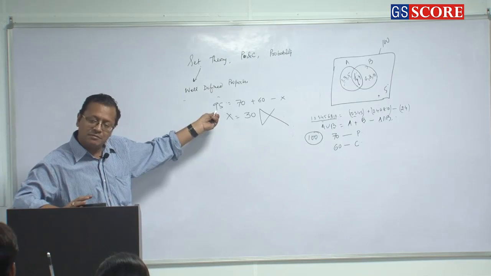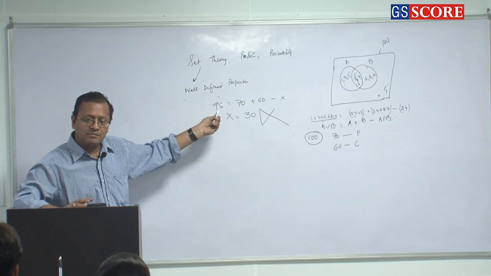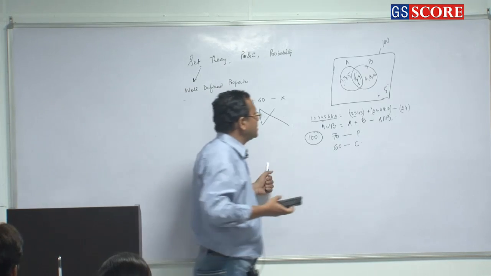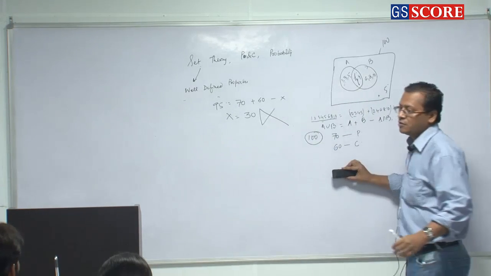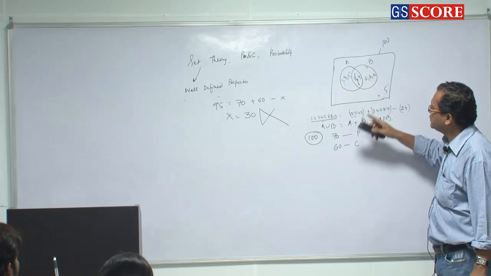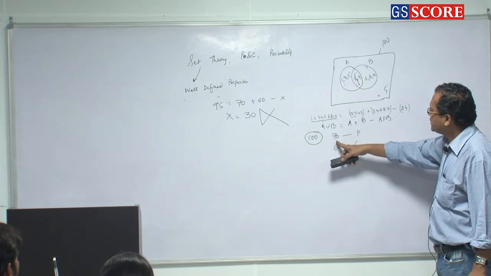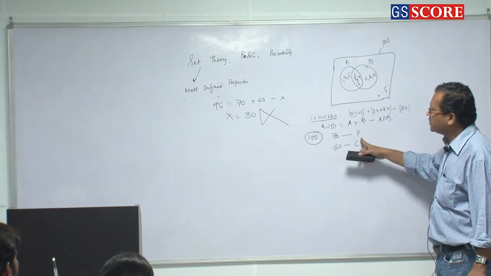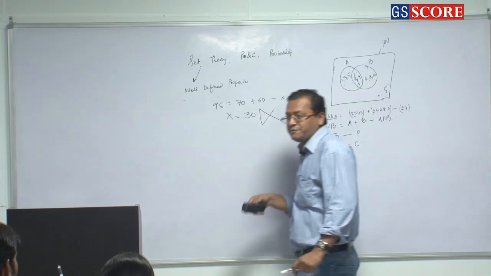Right, then 95. 5 failed in physics, then 65 नहीं, तो और भी कुछ डेटा वहाँ पे दिया रहेगा. 5 failed in physics, that means 70 minus 5, 65 passed in physics.